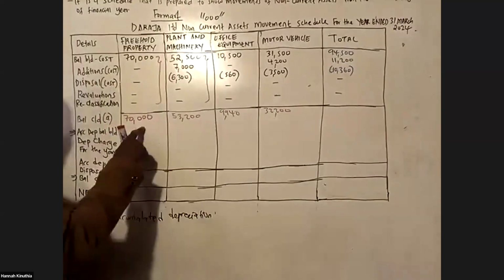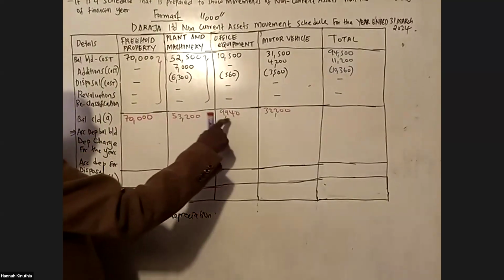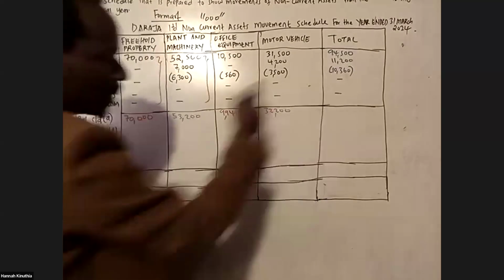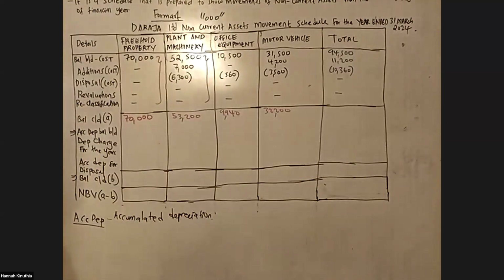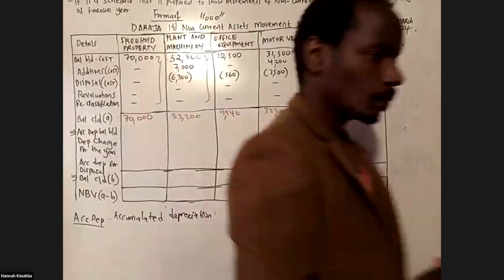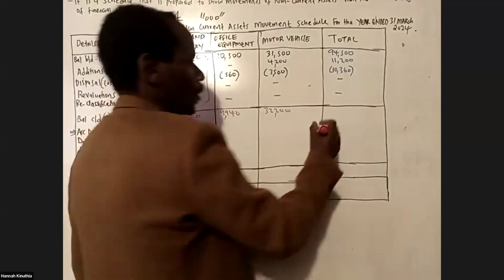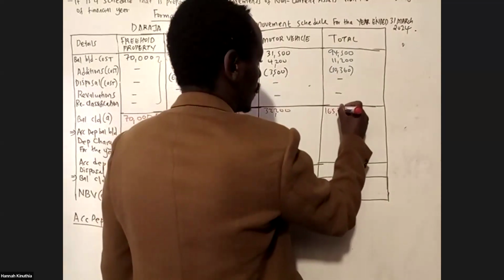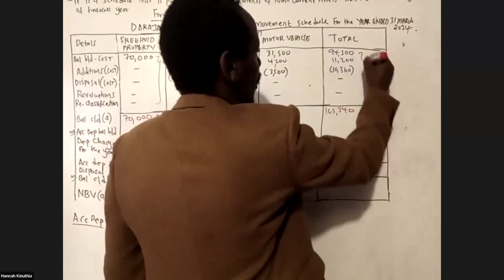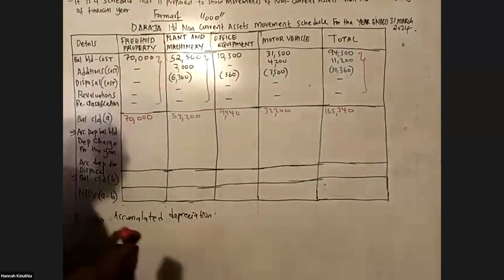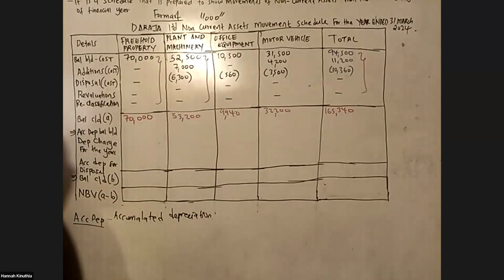Total. So 70,000 plus 53,200 plus 9,940 plus 32,200. Total inakupea ngapi? 165,340. Inafaa ikuwe the same pia ukiadd hapa. Ile haiwezi fika 165.